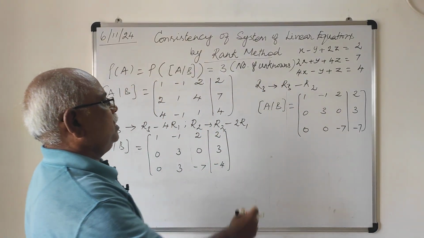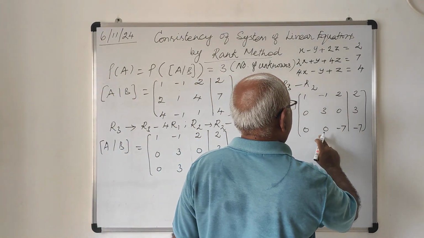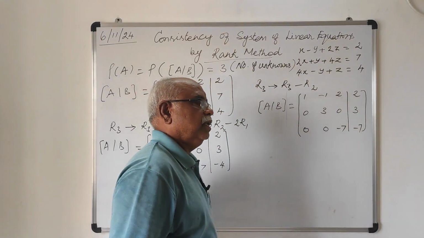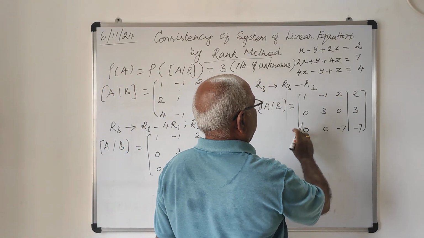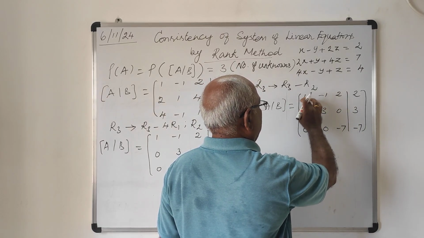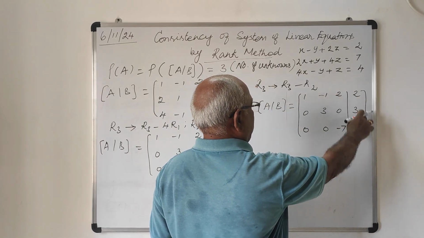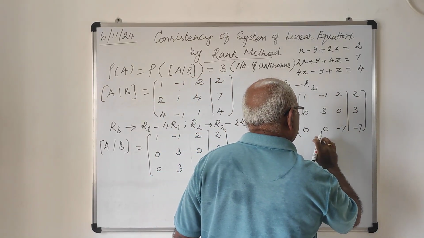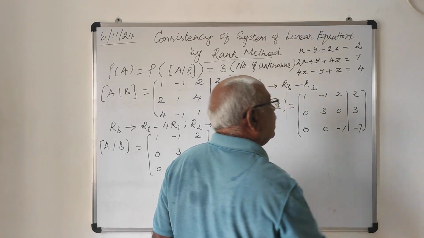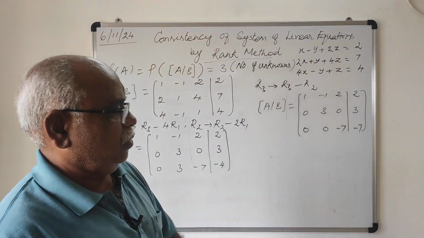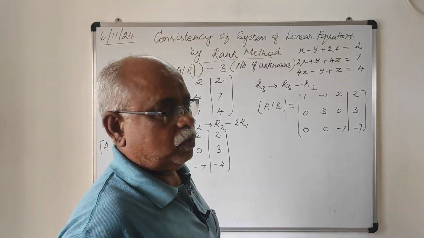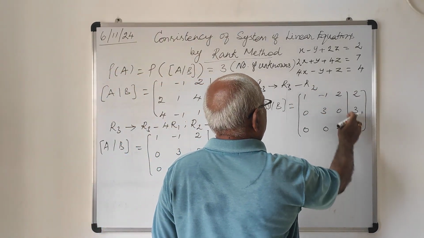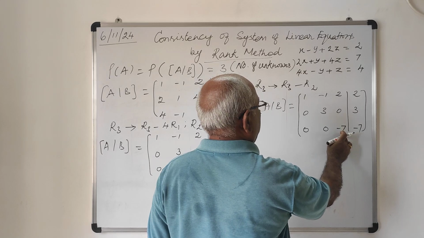See, in this augmented matrix, not all the elements in row 3 are 0. If that is the case, the rank of the matrix A is 3 and the rank of the augmented matrix AB is also 3, because all the elements in the third row are not 0. The rank cannot be 2, because there is a nonzero element in the third row, third column.